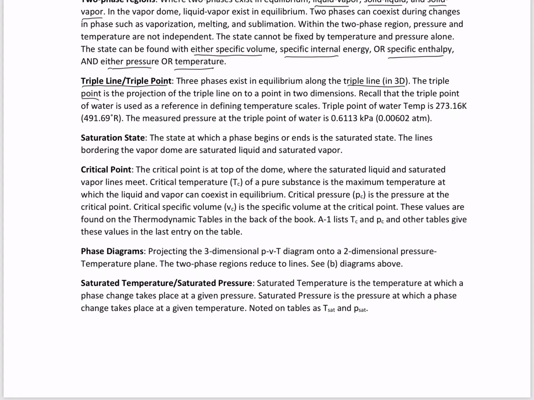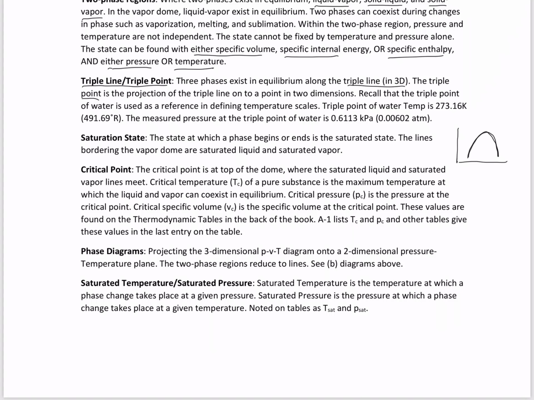Saturation state is the state at which a phase begins or ends. That's the saturated line. The lines bordering the vapor dome are the saturated lines. So if I have the vapor dome, then these lines are the saturated lines.